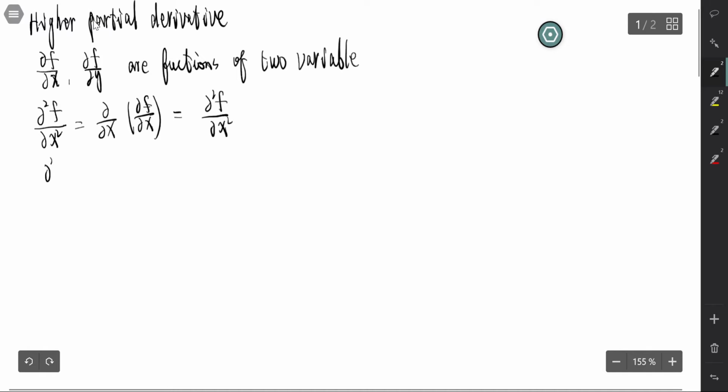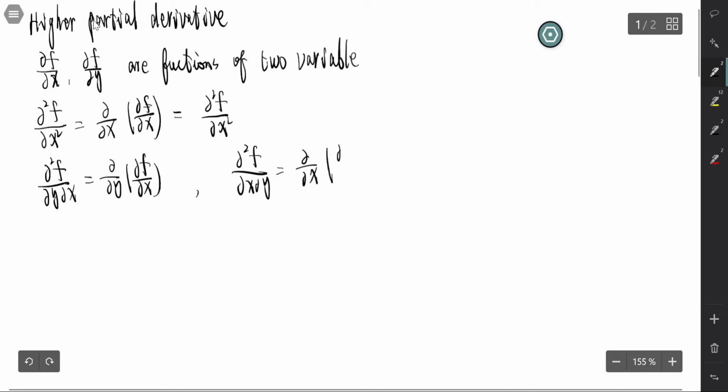And partial squared f, partial y partial x: that takes the partial derivative in terms of y of partial f partial x. And partial squared f, partial x partial y is the partial derivative in x of partial f partial y.